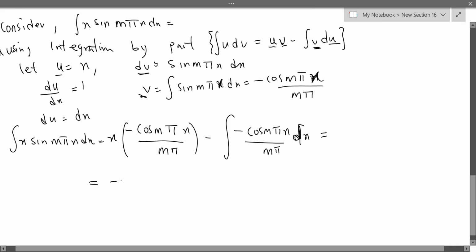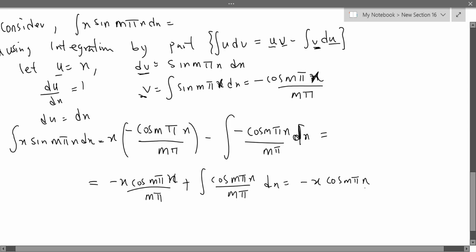Solving this, we get minus x cos m pi x over m pi plus the integral of cos m pi x over m pi dx, which gives minus x cos m pi x over m pi plus 1 over m pi times the integral of cos m pi x dx.